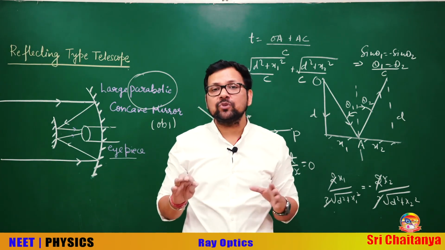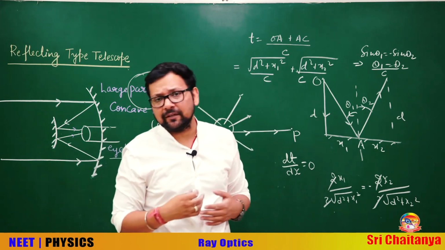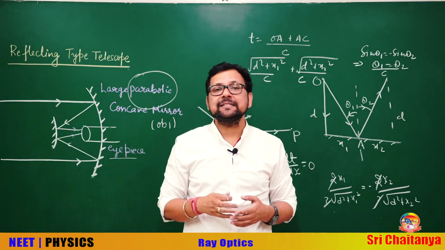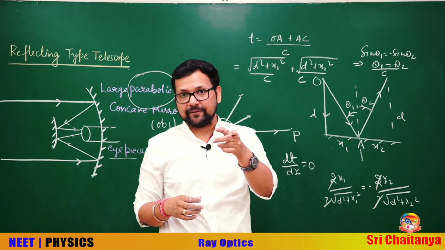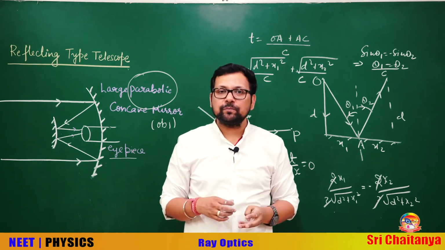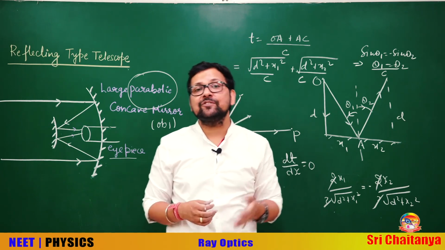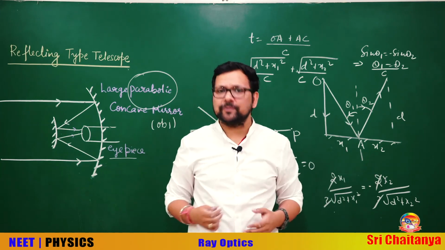You don't have to solve questions in 1 or 2 pages using lots of mathematical applications. And last but not the least, the optical instruments. For magnification in the ray diagram, don't forget the simple microscope, compound microscope, and the telescope, both refracting and reflecting. So this is the entire synopsis of ray optics.